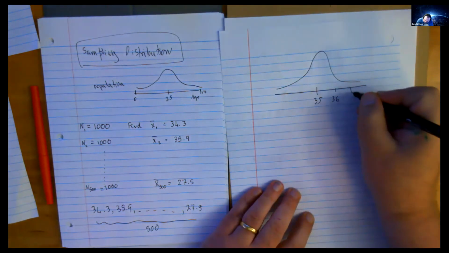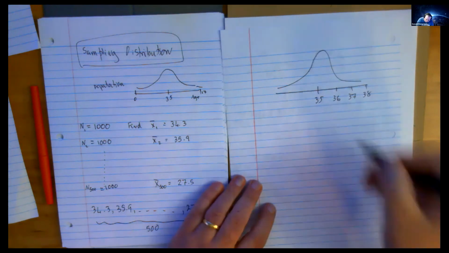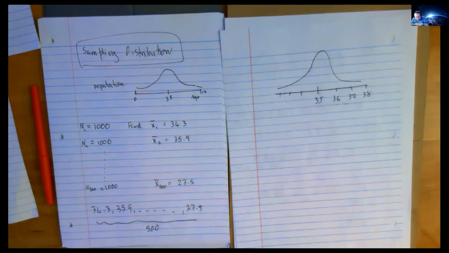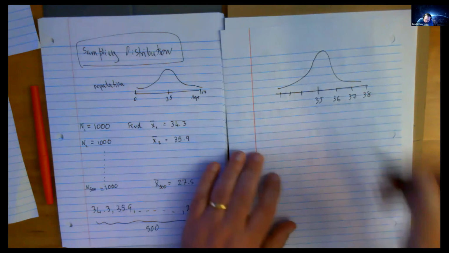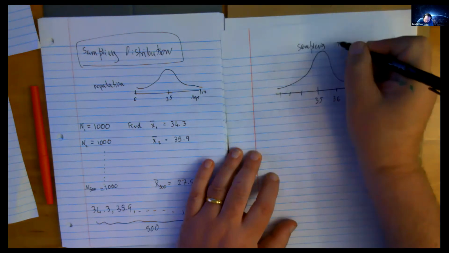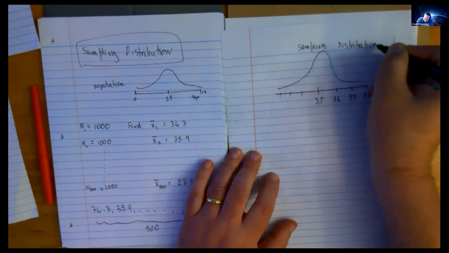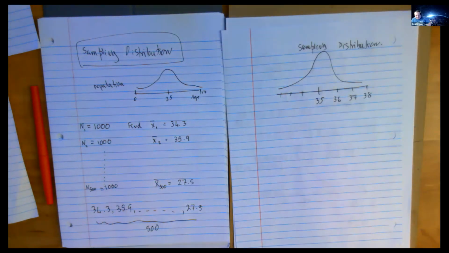Won't get too many 37s, won't get too many 38s, and so on. And can you imagine that what you get then is called the sampling distribution. So it's the data that you would get if you could take lots and lots of samples.